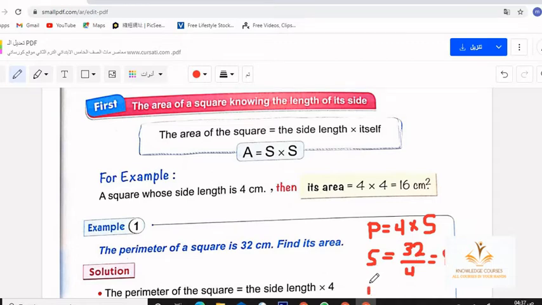Area equal side length multiply the side length equal 8 multiply 8 equal 64.